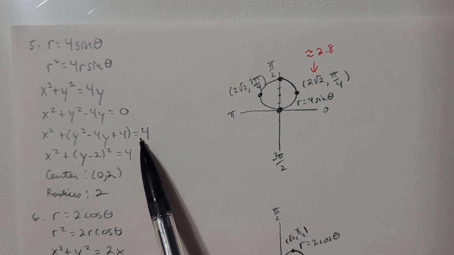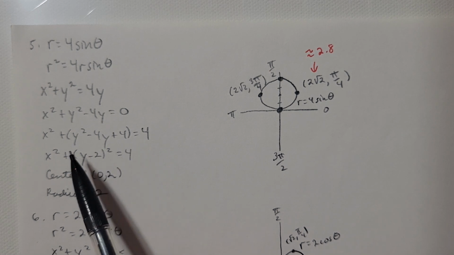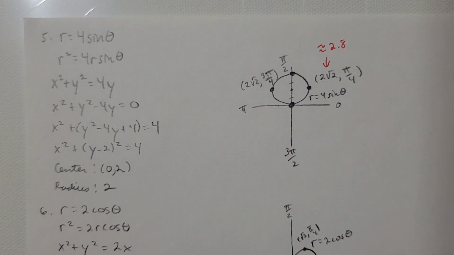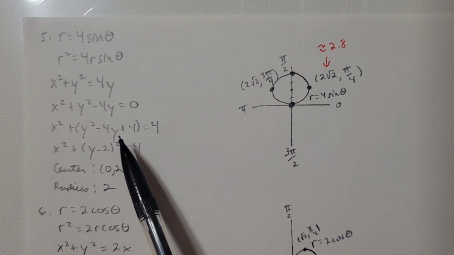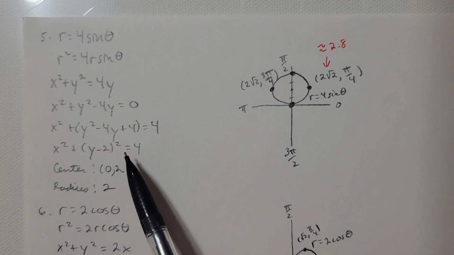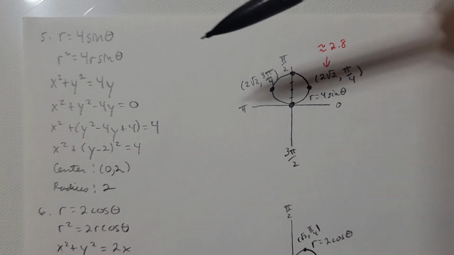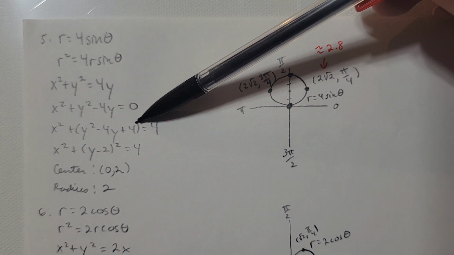The reason I did that, which sounds like a weird thing to do, is that the expression inside the parentheses will always factor, and furthermore, the factors will always be the same. So I'm factoring y squared minus 4y plus 4. That factors nicely as y minus 2 times y minus 2, or y minus 2 squared. By the way, the number in the factors is always the number that you squared in the previous line.